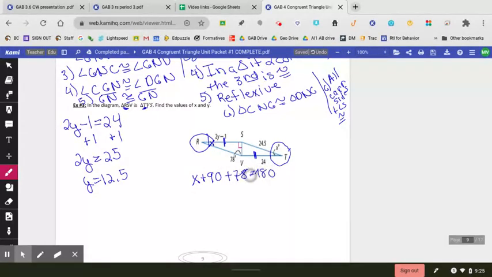That's because RSV is a triangle, and the angles inside a triangle always add to 180. So that's X plus 168 equals 180. I subtract 168, and X equals 12.